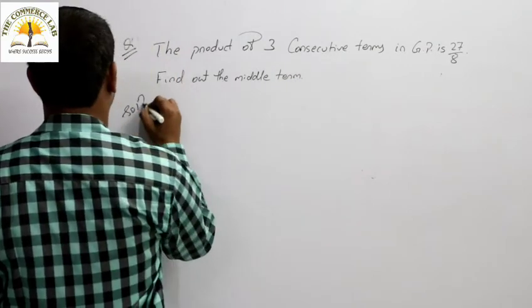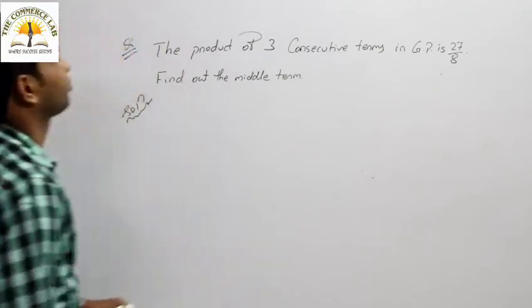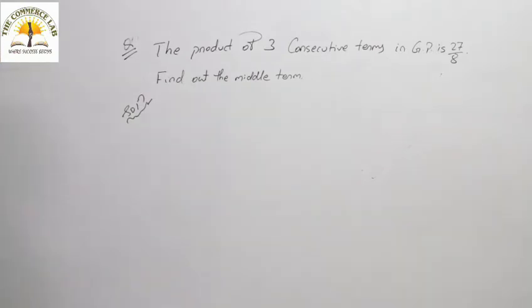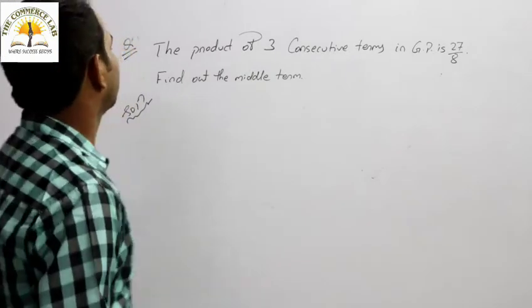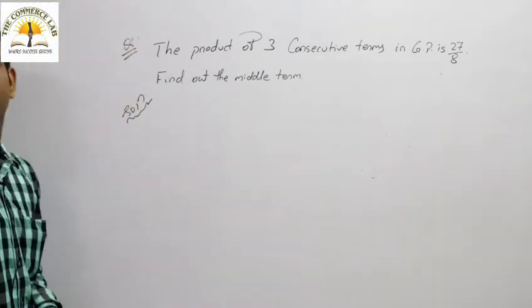Then find out the middle term. So if the product of three consecutive terms in GP is 27 by 8, then find out the middle term.